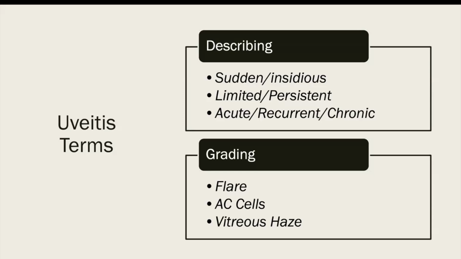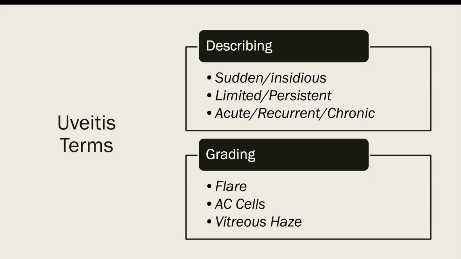The difference between recurrent and chronic is that recurrent means you have repeated episodes, but there are over 3 months of inactivity between episodes, and you're off treatment. Whereas with chronic, it's persistent, or you have a relapse within 3 months of being off treatment. That's a general understanding of how to think about recurrent versus chronic cases of uveitis.